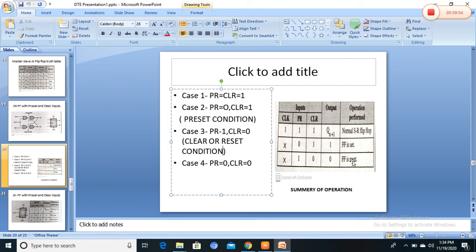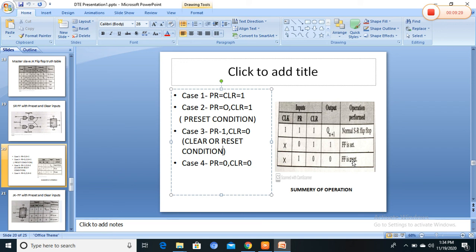But in all the flip-flops we studied, the outputs come sequentially: reset, then set, then reset. But when we connect the preset and clear inputs to the SR flip-flop, in the initial stage we get the set output. And the last condition, when preset is equal to 0 and clear is equal to 0, should not be used because it leads to an uncertain state.